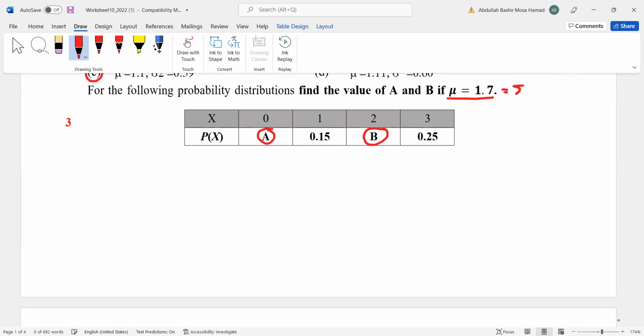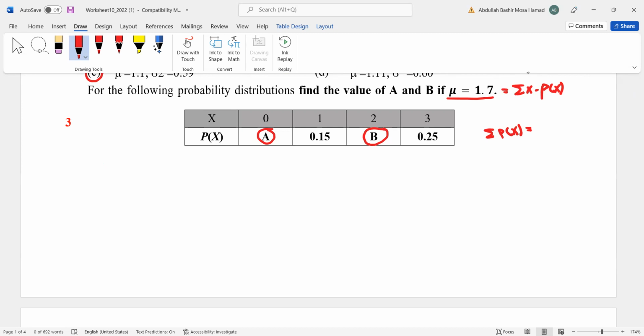This means the summation of x times p of x, as we saw from the previous question, equals 1.7. For the second, we need to know that the summation of p of x should be equal to 1, as the second condition of a discrete probability distribution. So we'll use these two pieces of information in order to find these two missing values.